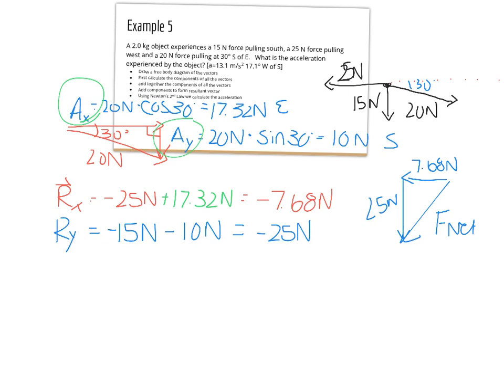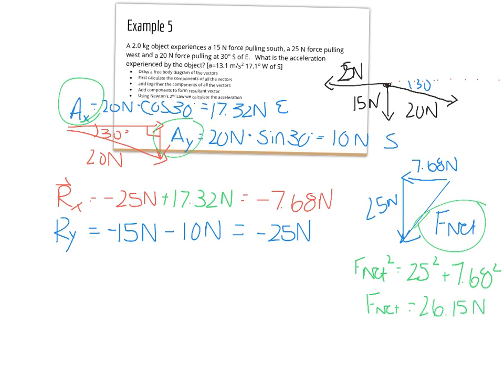Now, because we didn't have FG and Fn being balanced, we had to consider our x and our y directions. Solving for this, we're just going to use our Pythagorean theorem. So F net squared equals 25 newtons squared plus 7.68 squared. We get that F net equals 26.15 newtons.